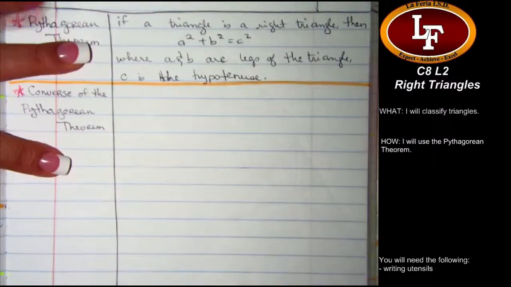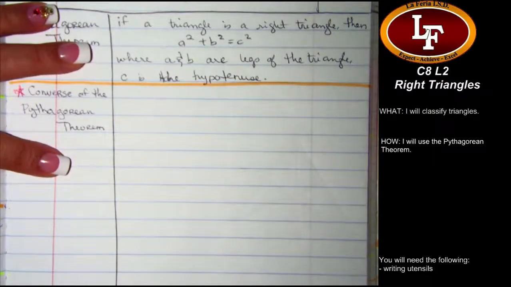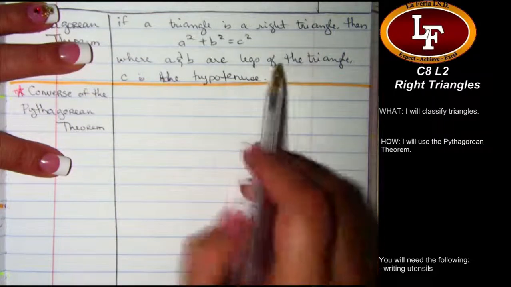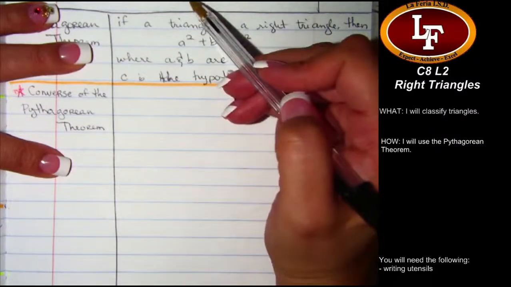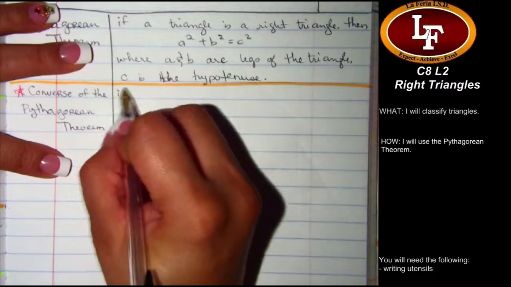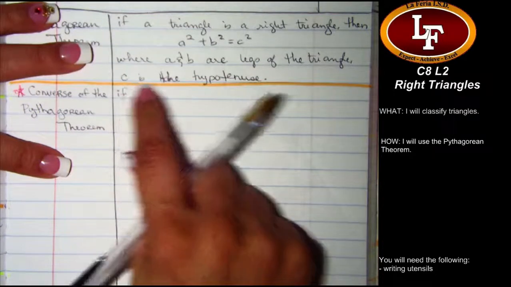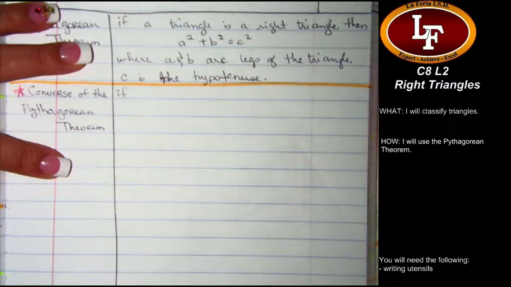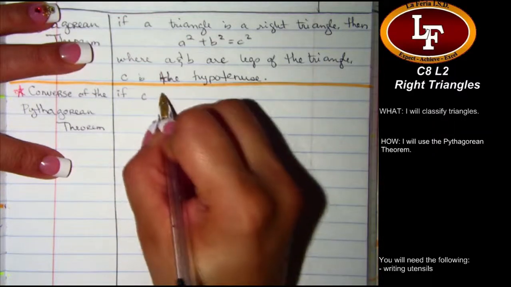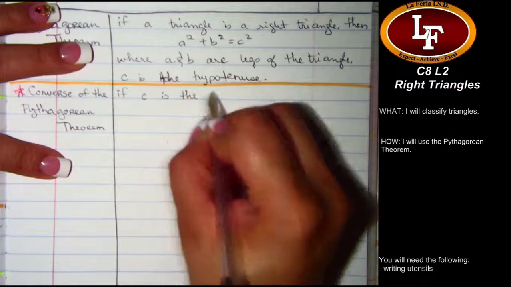Now recall, when you take the converse of an if-then statement, you're going to take the second half of the stuff and write it first. So if C is the hypotenuse. But I can't say it's the hypotenuse yet because I don't know this is a right triangle. Hypotenuses are only for right triangles. So the most I could say is that C is the longest side.